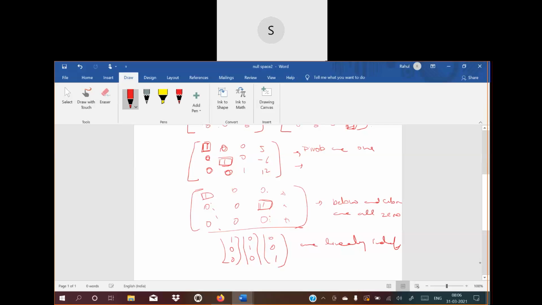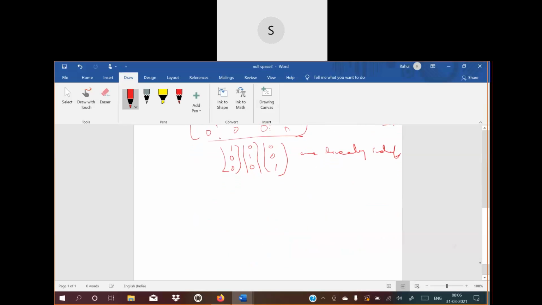Therefore, when we are considering row echelon form or even the echelon form, we are taking that all the elements where the pivot lies are linearly independent. Then we have done a few examples, and we saw how a matrix can be reduced to reduced row echelon form.